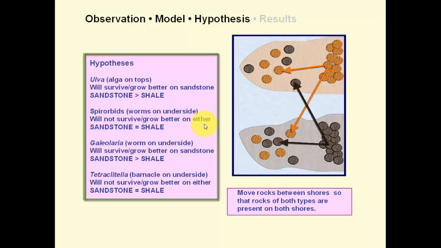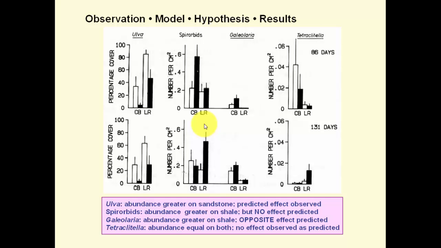Okay, so what happened? Here we go. This is the actual diagrams from the paper. Now, I'll talk about this second set of results here for Cape Banks for the animals a little bit later on, but at this point in time, don't pay too much attention to them. So what you have in the top row is results for about 3 months, and then results for adding in about another month and a half or so for the 4 species.